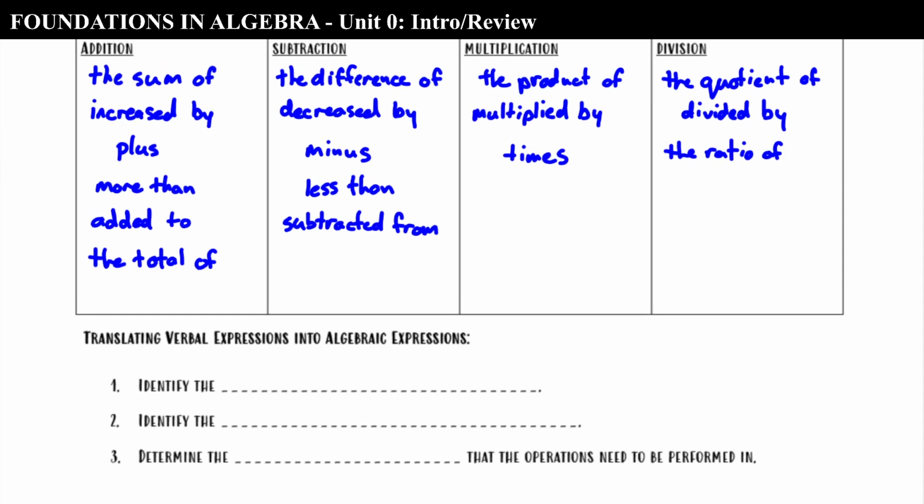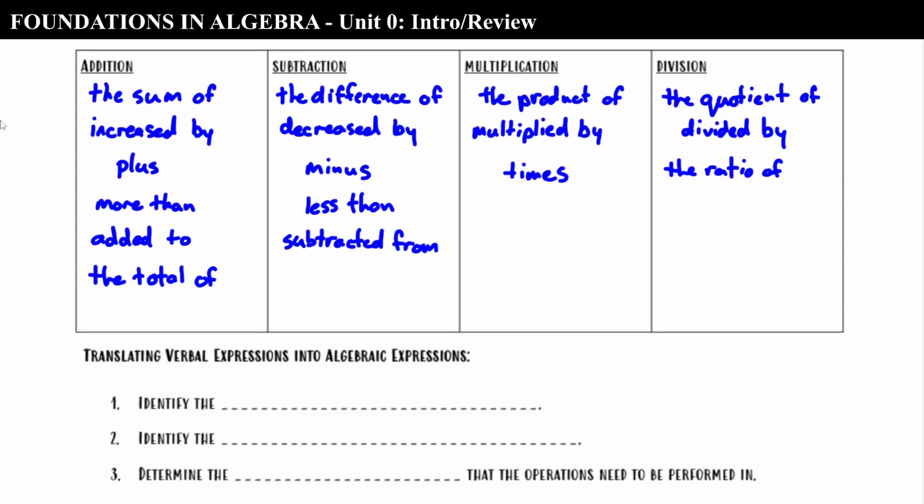When translating verbal expressions into algebraic expressions, first you want to identify the operation being performed. You're going to use those key words that you see above as your clue as to what operation is being performed.